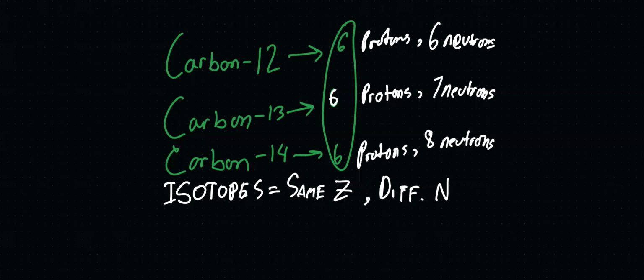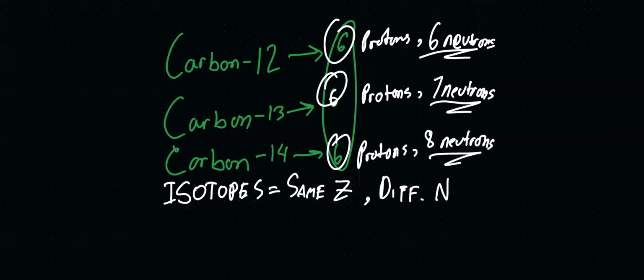This essentially is what makes them carbon. However, carbon-12 only has 6 neutrons, 13 has 7, and 14 has 8. All of them are carbon because they have 6 protons, but their masses are different because neutrons add mass. And that's really the heart of isotopes. They're the same element, just different versions.